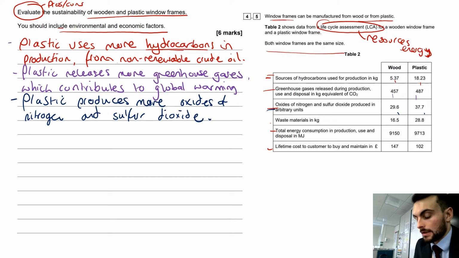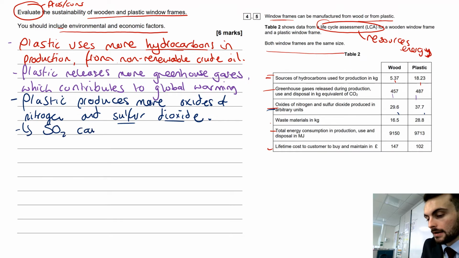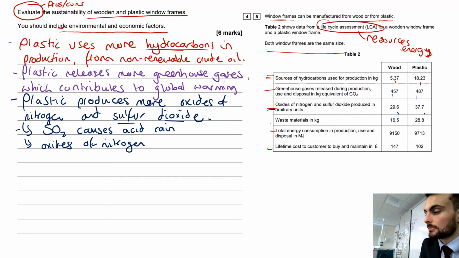Linking that to science, sulfur dioxide causes acid rain, and oxides of nitrogen give you respiratory problems, and they will also contribute to acid rain.